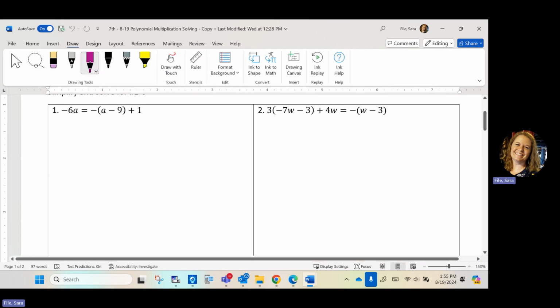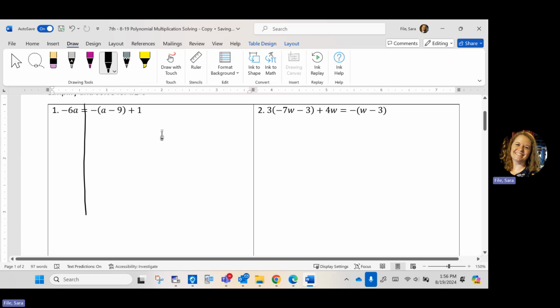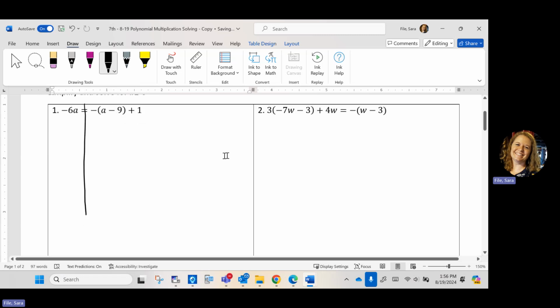All right, so here in number one, again, if you need to separate your equation with that line down the equal sign so you can separate the left from the right side to keep your work organized and make sure you don't accidentally combine things that shouldn't be combined, go ahead and draw that line.